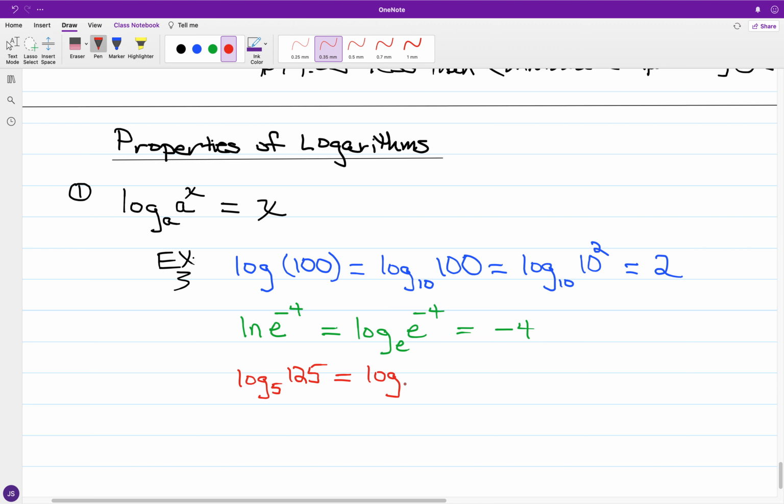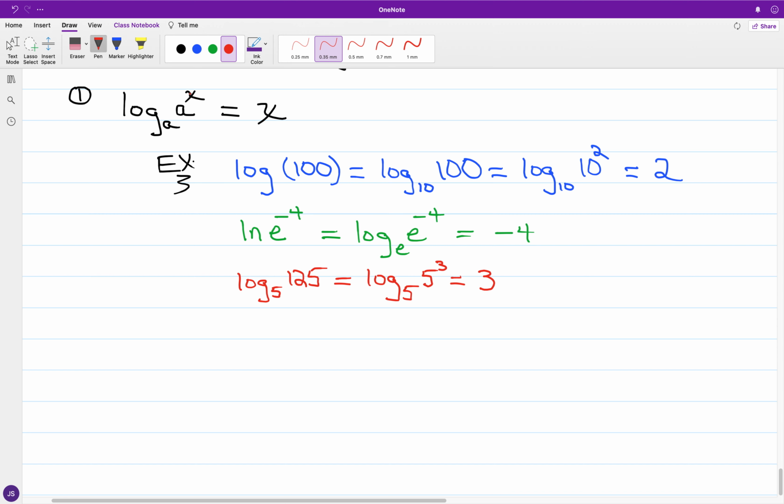And not only is it a multiple of 5, it is also going to be an exponential power of 5, because 125 is going to be 5 raised to the third. And guess what? The base 5 logarithm of 125 is going to be the base 5 logarithm of 5 to the third. And so that is going to go to 3. All right, so this is one initial property of logarithms, and something that is akin to this.